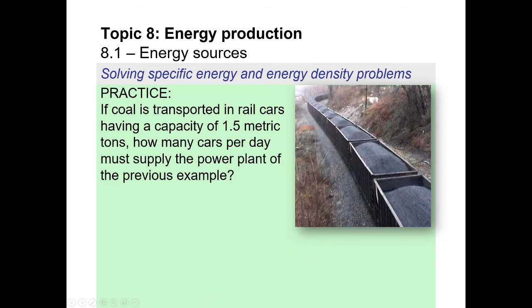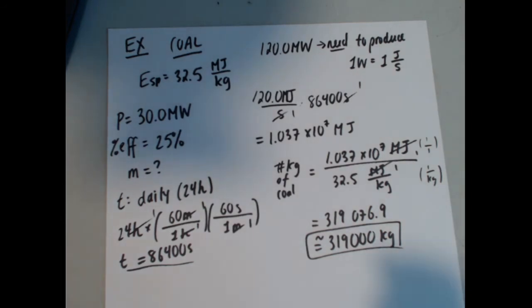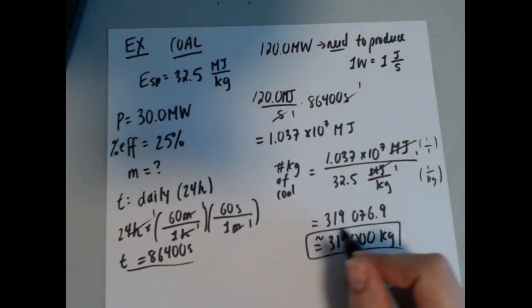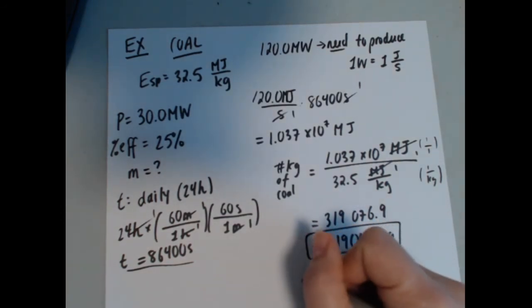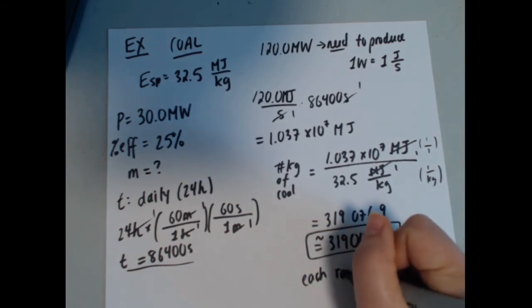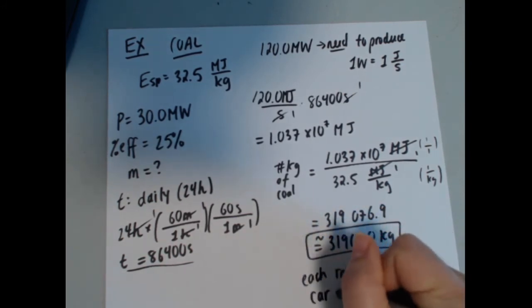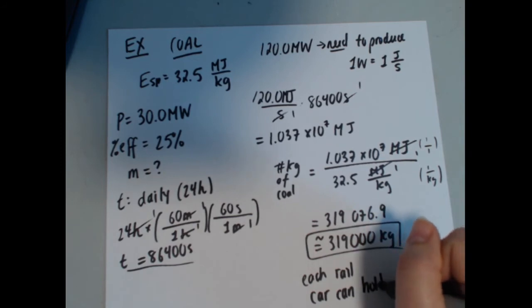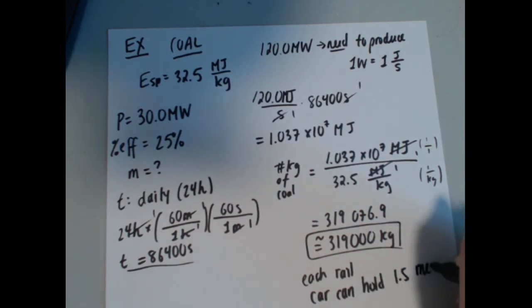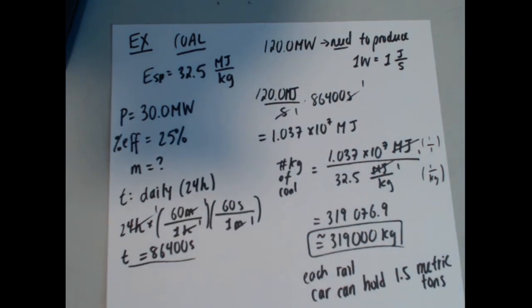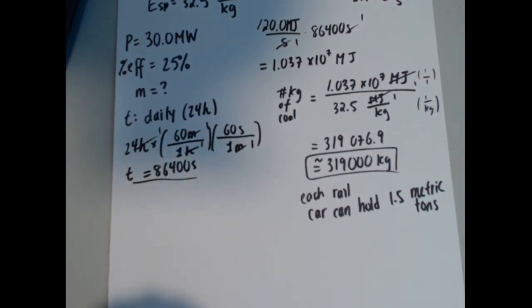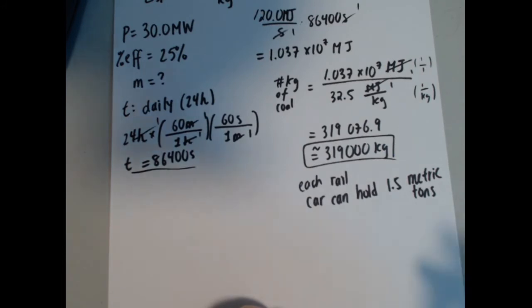Okay, so I'm going to go back here to the page. I know that I have about this much mass in total, and each rail car can hold 1.5 metric tons. Now, this is not something that you need to remember. If you do need to know it, I will give you the conversion, but a metric ton is 1,000 kilograms.